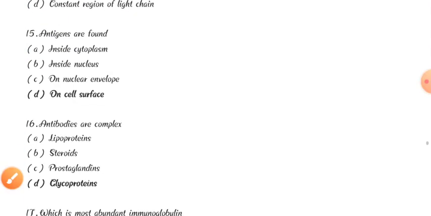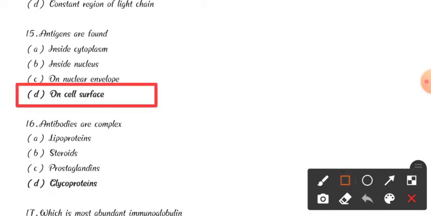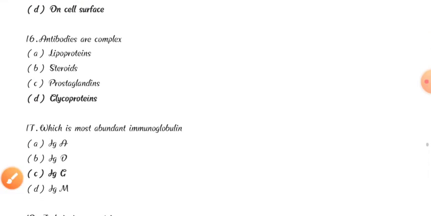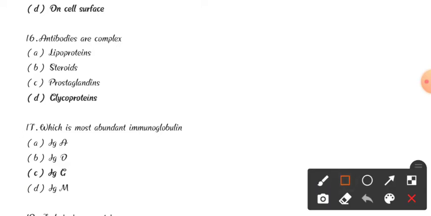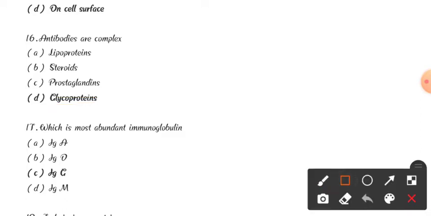Now question number 15: antigens are found in option D, on the cell surface, the correct answer. Now question 16: antibodies are complex glycoproteins, the correct answer friends.